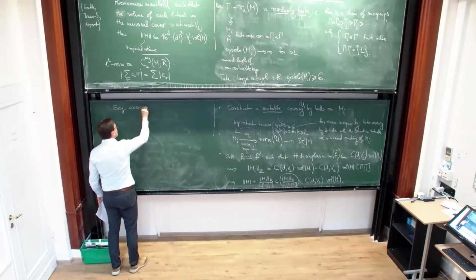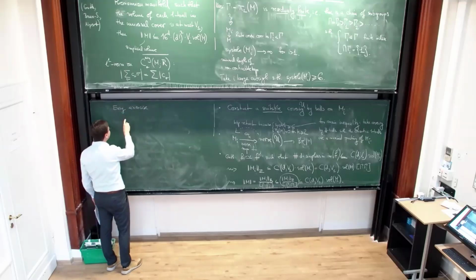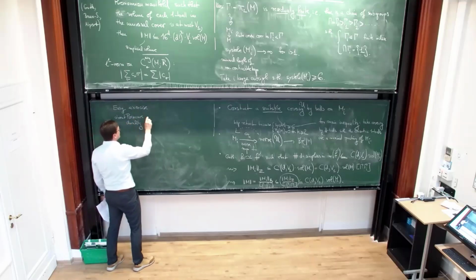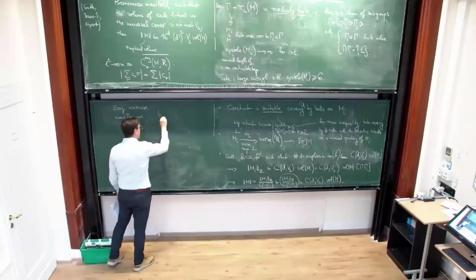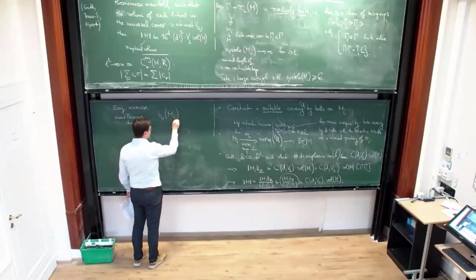So here is an easy exercise. I won't do it. It's not that easy. No, it's relatively easy, using Poincaré duality. Which is the Betti number. So we'll write M_i now. Yeah, okay, let's write M_i.